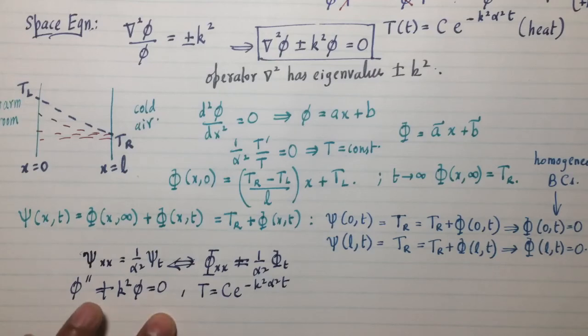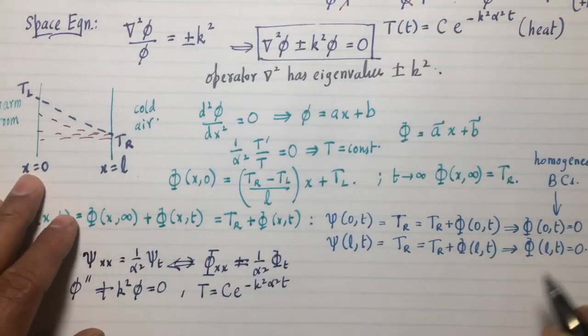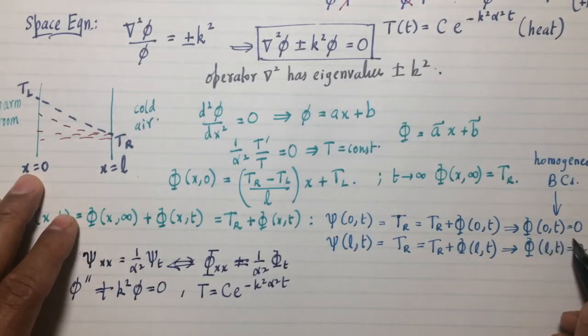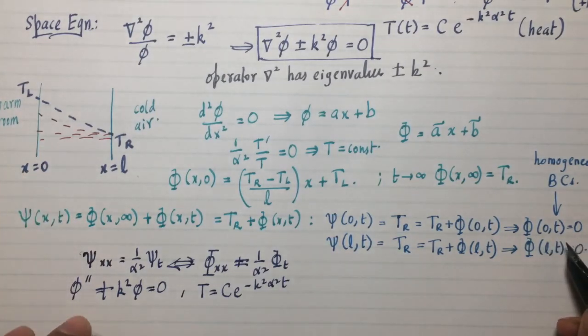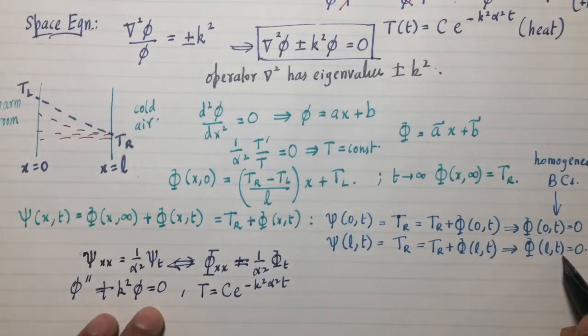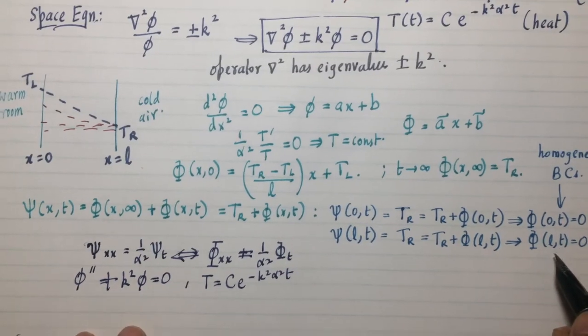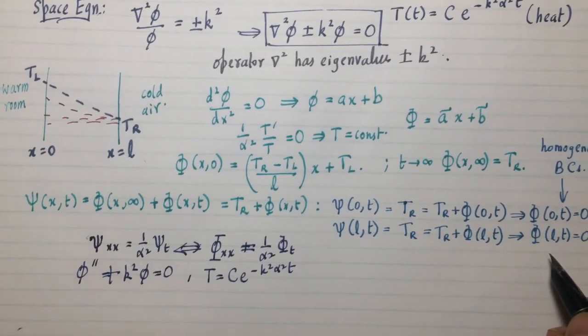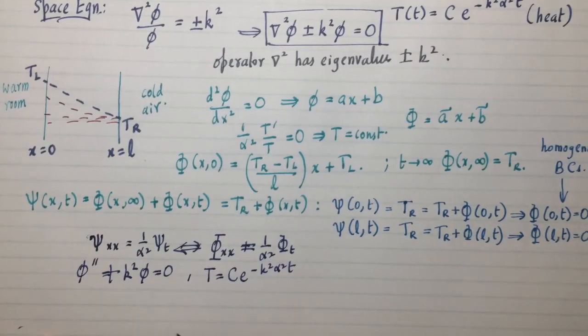Now at x equals 0, the boundary condition is 0. That means you won't get the cosine term, you'll only get the sine term. But when x equals L, the value is also 0, so then you'll get the quantization on the sine, just as you did for the wave equation problem. So the Helmholtz equation gets completely tamed and becomes a regular one-dimensional wave equation problem with standing wave type conditions.